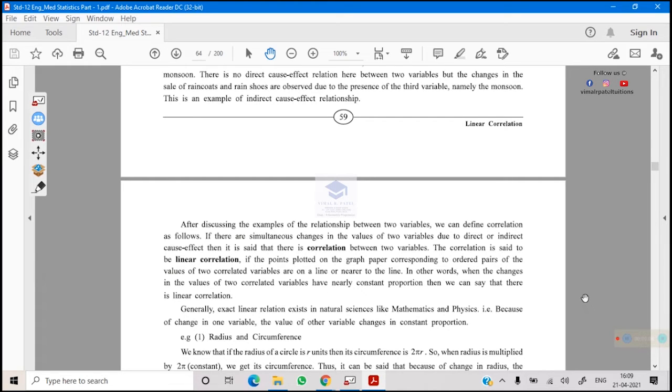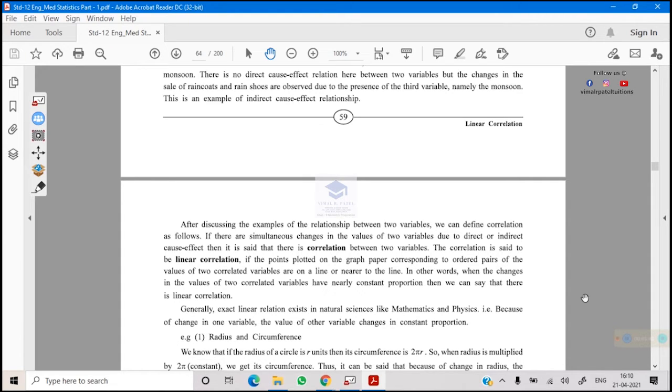When two variables are associated with some cause and effect relationship, the cause and effect relationship is a factor which will lead to change in one variable due to change in the other variable. For example, price and demand. As you know, when price increases, demand decreases, and vice versa.